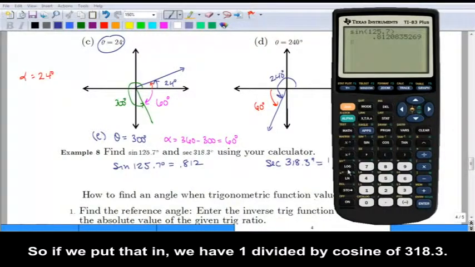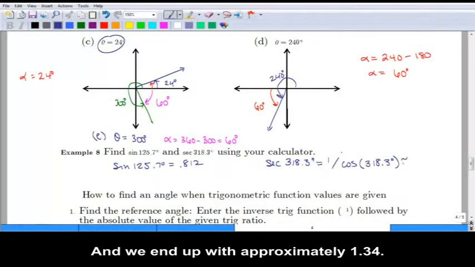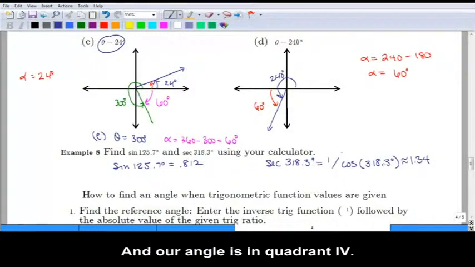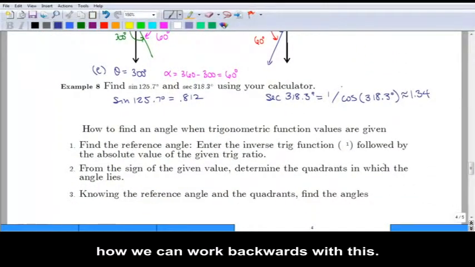So if we put that in, we have 1 divided by cosine of 318.3, close the parentheses, and we end up with approximately 1.34. Again, we said this should be positive because cosine is positive in quadrant 4, and our angle is in quadrant 4.